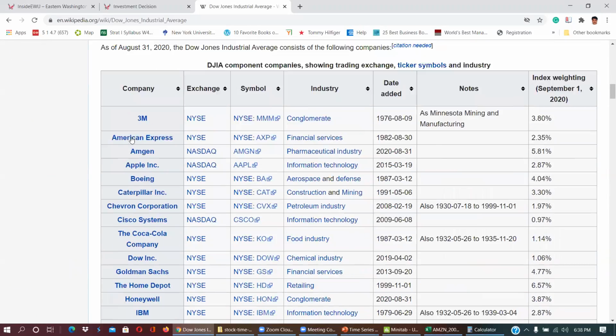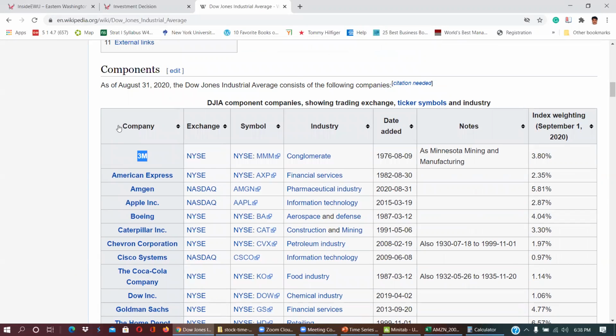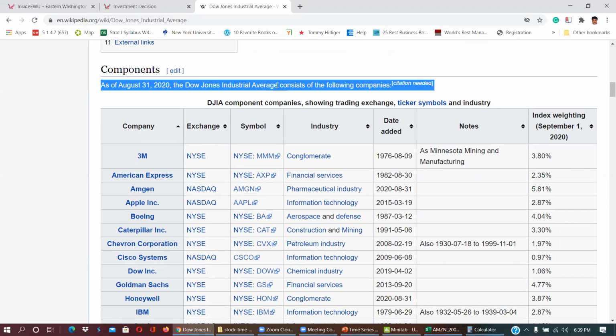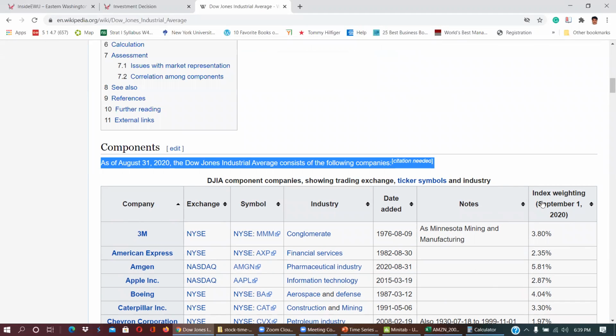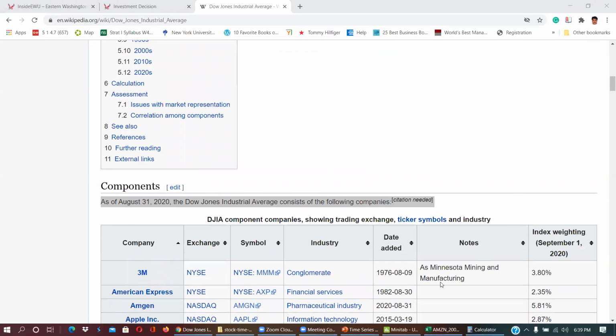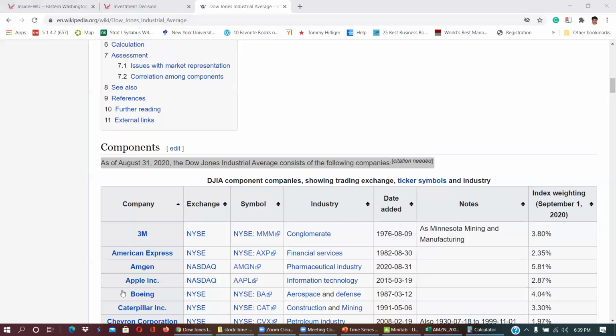There are companies, how many as of August 31st? This industrial average consists of the following companies and their relevant weights. If you look into that, 3M has 3.8% weight.